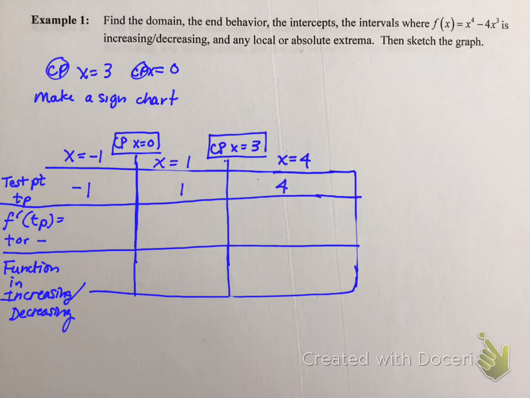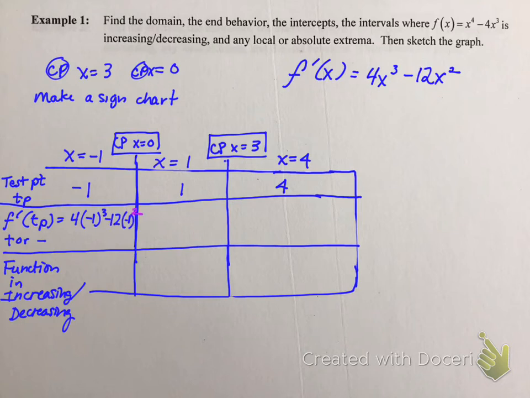So what I have to do is plug these into the derivative. Just to remind you, the derivative was 4x cubed minus 12x squared. All right, so we plug -1 into that formula. We get 4 times -1 cubed minus 12 times -1 squared.